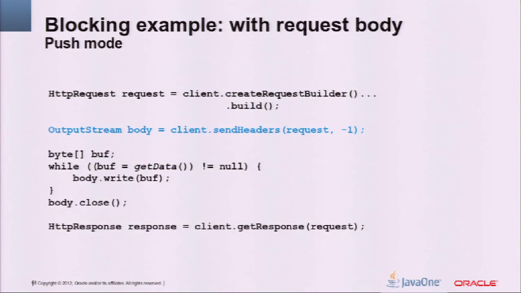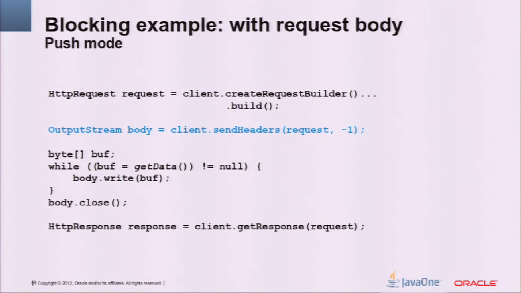So what if, to move on from that example, say you also want to do blocking mode, but you want to send a request body using an output stream. Now, as Danny mentioned earlier, there's a slightly different mechanism for that. You have to use a specific send headers call. You can see there send headers takes two parameters: the HTTP request that you want to send out, and second, a numeric value which indicates the number of bytes that are going to be sent through the output stream.